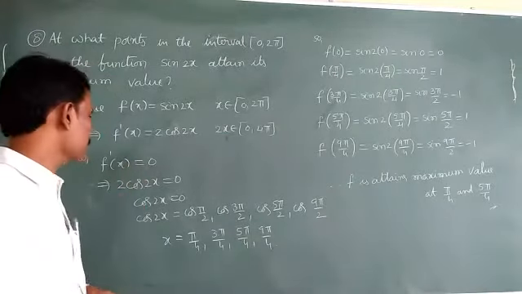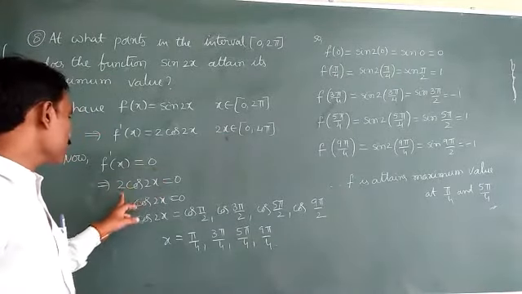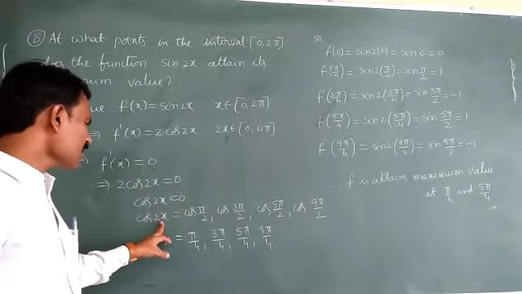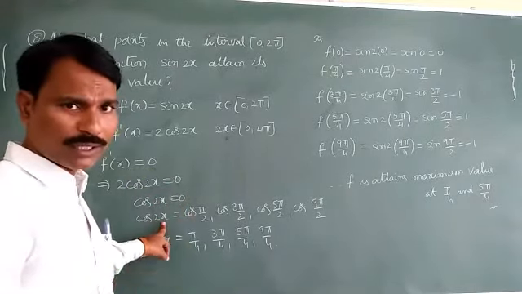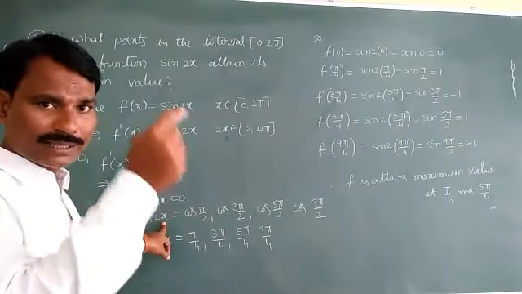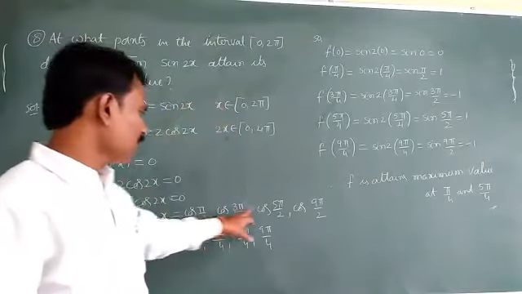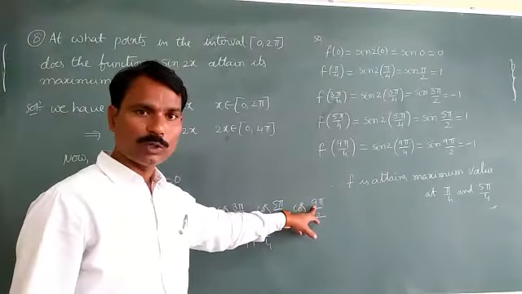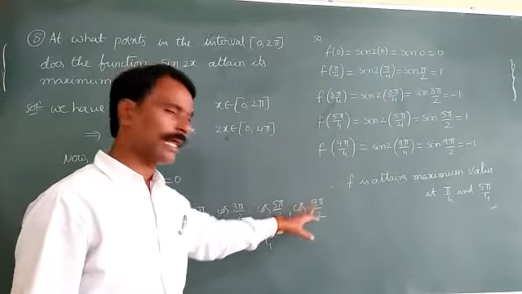Take the two revolutions. F dash of x equal to 0 means 2 cos 2x equal to 0, so cos 2x equal to 0. Cos 2x equals 0 at 90 degrees, 270 degrees, and again 360 plus 90, that is 2 pi plus pi by 2, and 2 pi plus 3 pi by 2, which is 9 pi by 2.